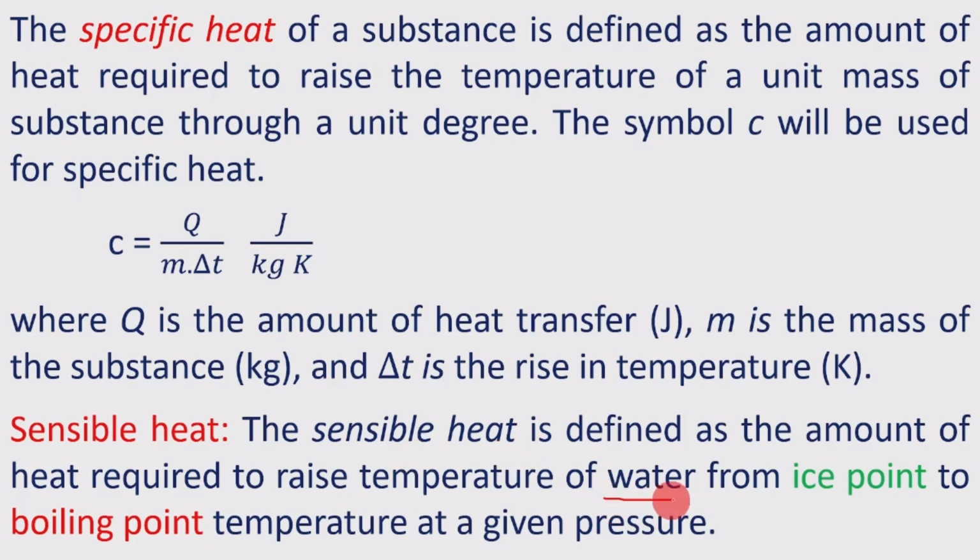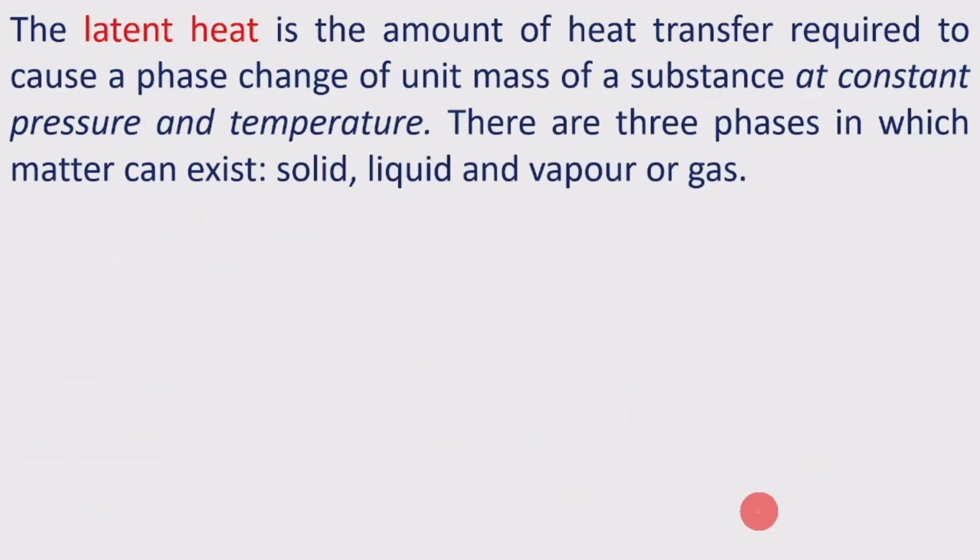But here, for the water to increase its temperature from the ice point to the boiling point, the amount of heat required is called sensible heat. The ice point temperature for the water is 0 degrees Celsius at atmospheric pressure, and the boiling point temperature is 100 degrees Celsius. To increase the temperature from 0 degrees Celsius to 100 degrees Celsius, the amount of heat required is called sensible heat.